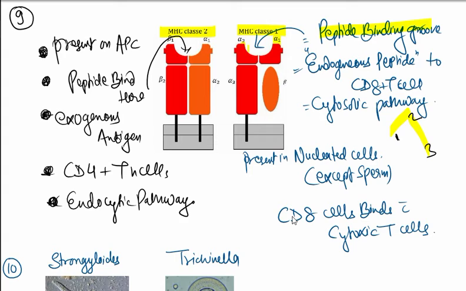So peptide presentation is in this groove, alpha 1, alpha 2, and this is presented to CD8 T cell. This system of presentation, MHC class 1, is present on all nucleated cells except sperm, and it works only for endogenous peptide. And here CD8 cells bind with cytotoxic T cells.